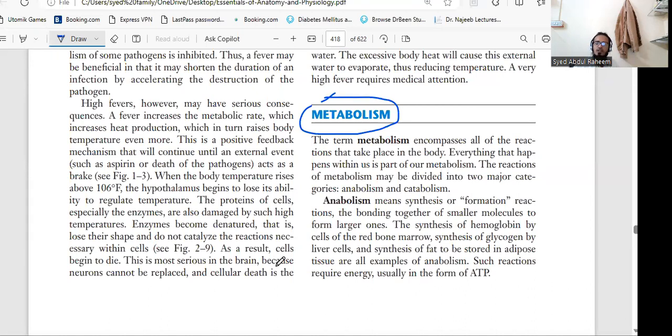So after that, we will swallow the food and it will go into the abdomen. The first step of digestion. So it is also what we will call metabolism, because the mixing of saliva in the food is also part of metabolism. Okay. Then we have digestion in the stomach.